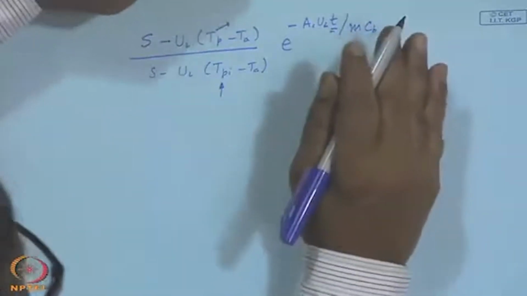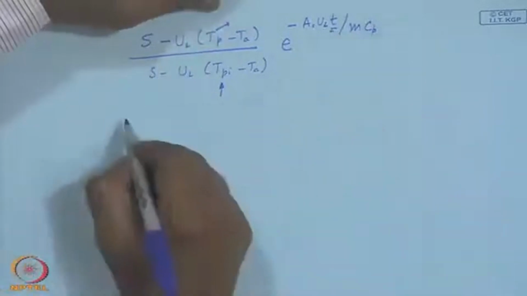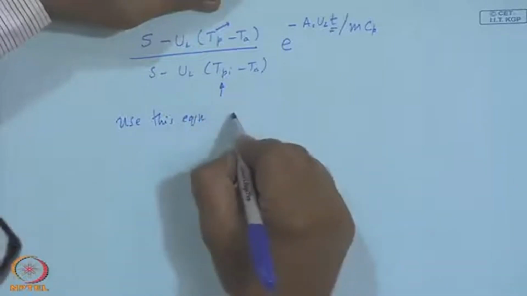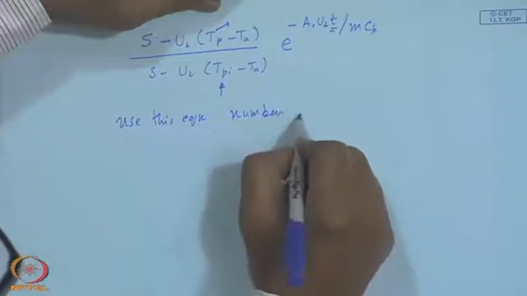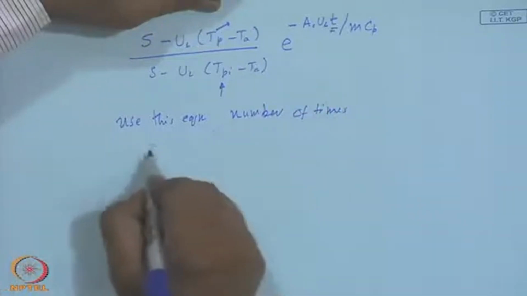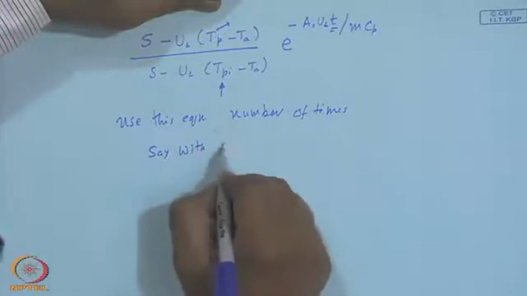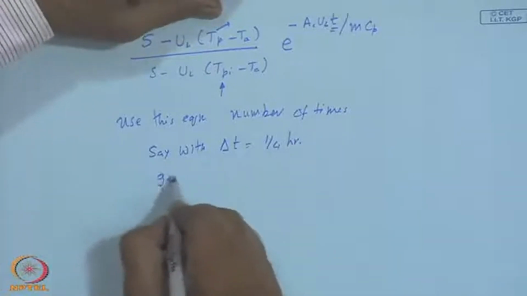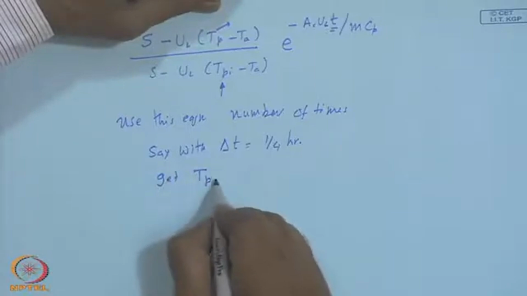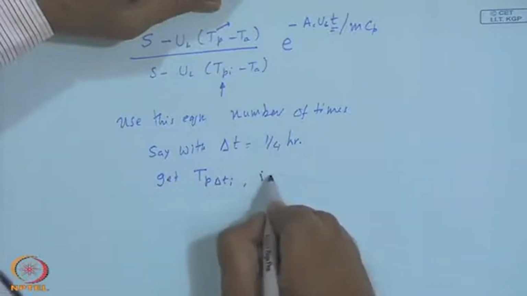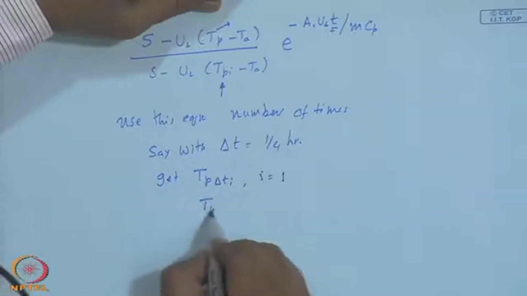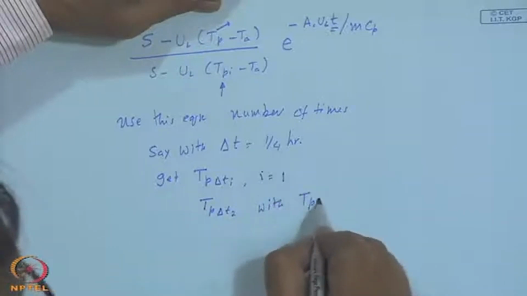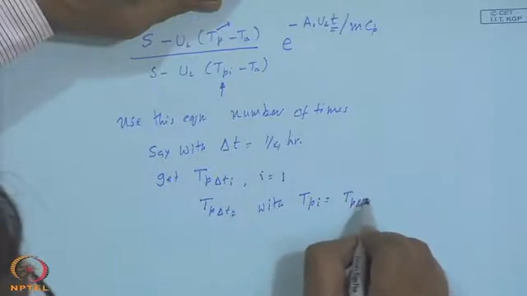So, though we made the assumption that S is constant and T_A is constant, we can use this equation a number of times, say with delta t as 1/4 hour, and get T_p at delta t 1, and then T_p at delta t 2 with T_p initial being T_p at delta t 1.